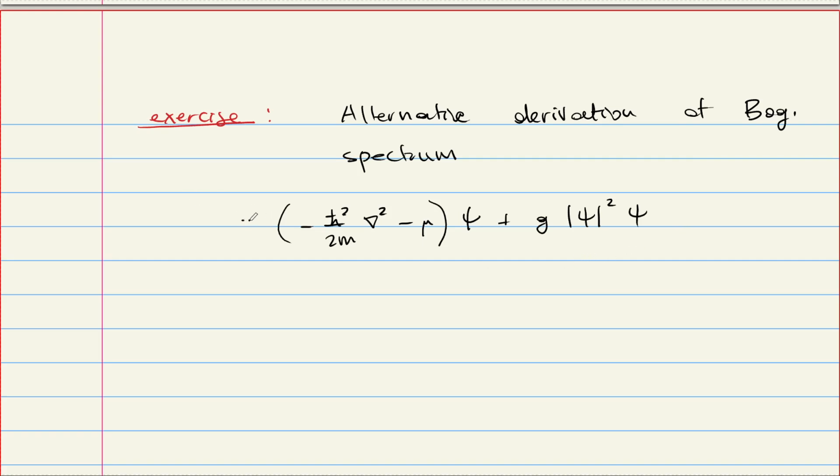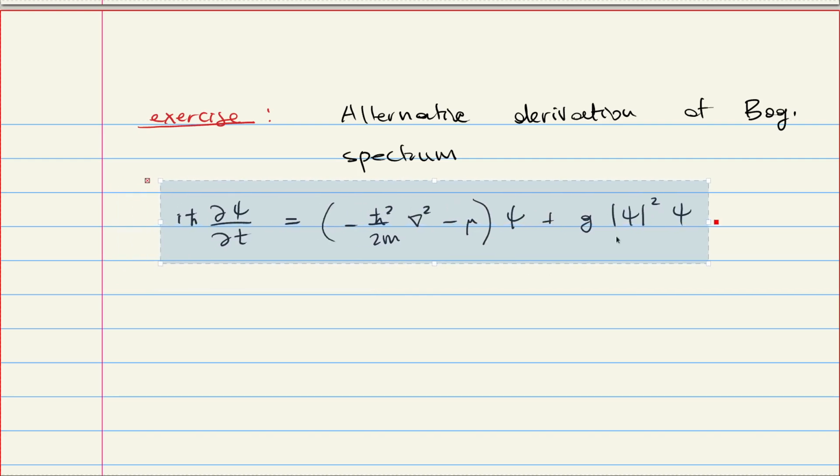By using the similarity, we can also write it something like this: i h bar del psi del t. Now this is a time-dependent nonlinear Schrödinger equation. Right? We know how to work with the Schrödinger equation because we know quantum mechanics. The only inconvenience is that it's nonlinear. But that's not a problem. We can linearize it around any point we want.